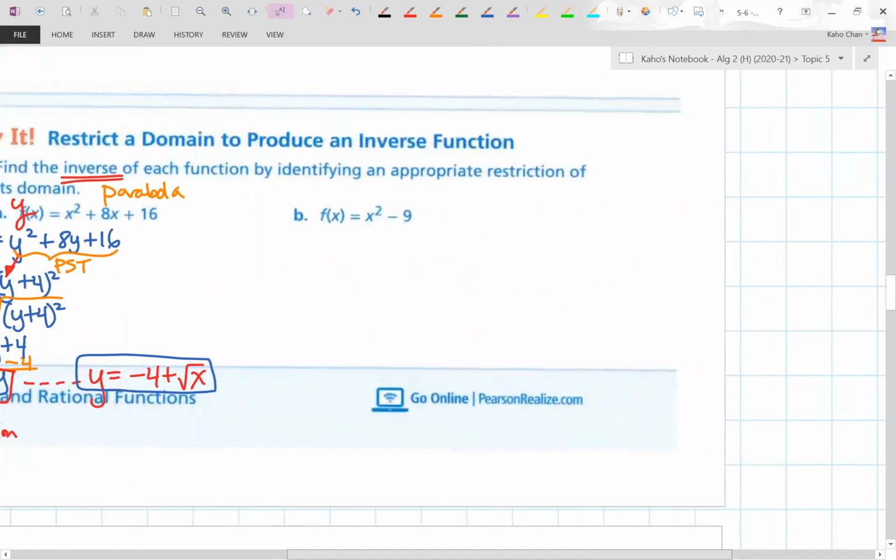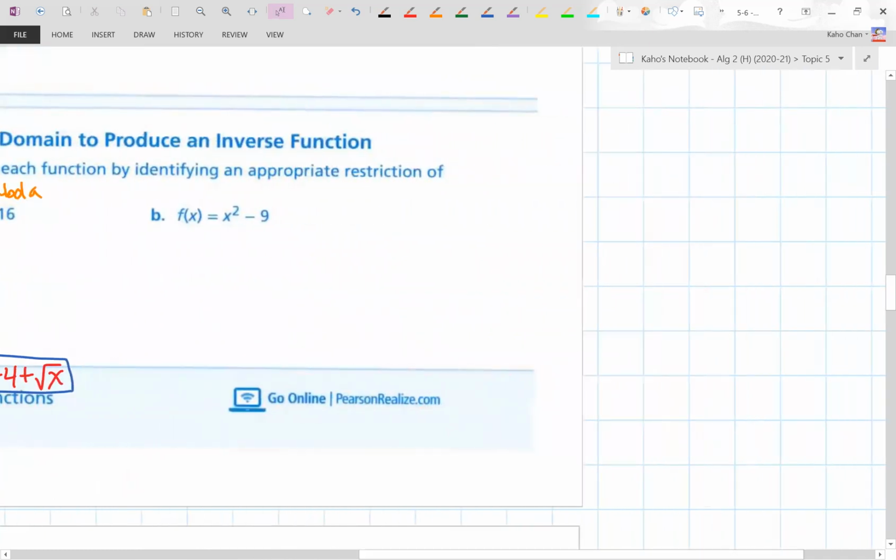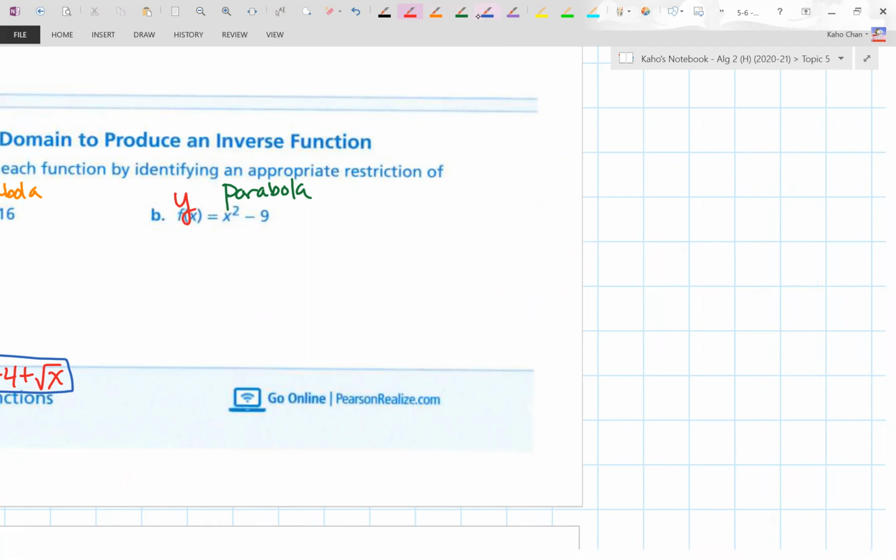We're going to do the same exact thing with the second problem. Happens to be a parabola as well. Let's go through the motions and I'll show you what it looks like in a moment. This is y, of course. Swap x and y. And let's come up with a function here. X equals y squared minus 9.